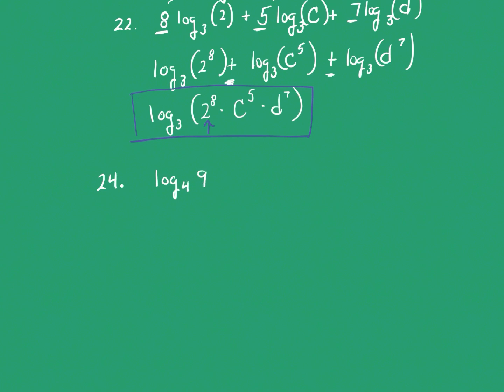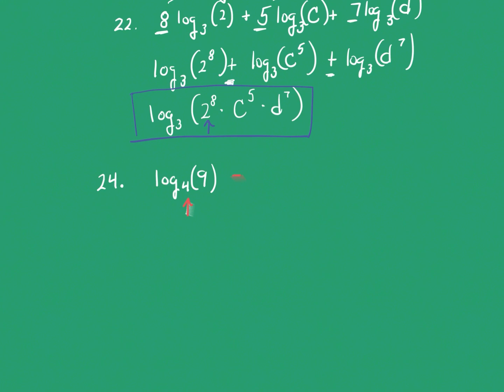And if I have something like this, my calculator only does base 10 logarithms. So I can use my change of base property to rewrite this to where I can solve it on my calculator.